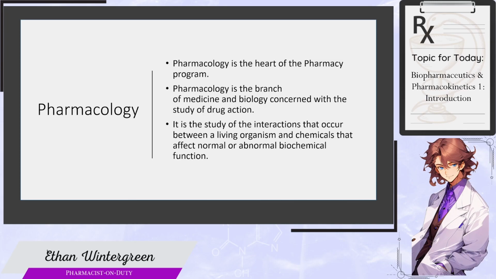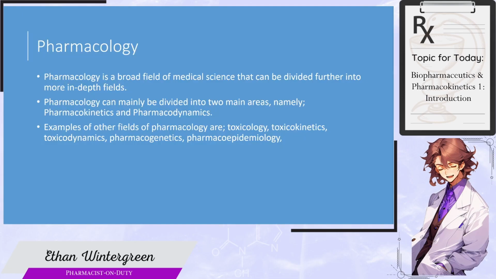Next, we have our pharmacology. You are already familiar with pharmacology. Pharmacology is the branch of medicine and biology concerned with the study of drug action. It relates how the drug and the organism interact, how a chemical can affect the normal or abnormal functions of an organism. We have two broad categories for pharmacology: pharmacokinetics and pharmacodynamics.